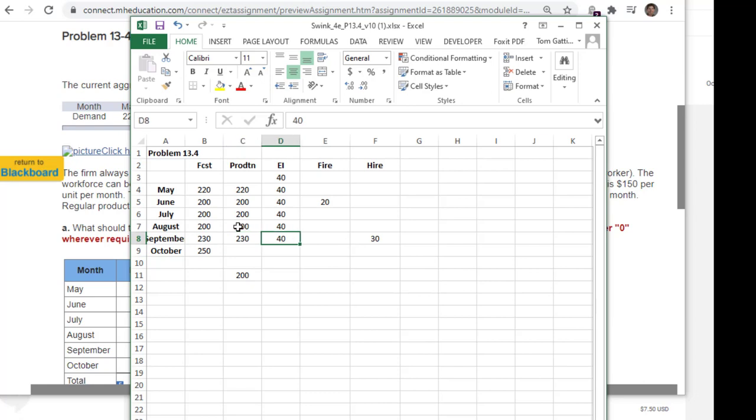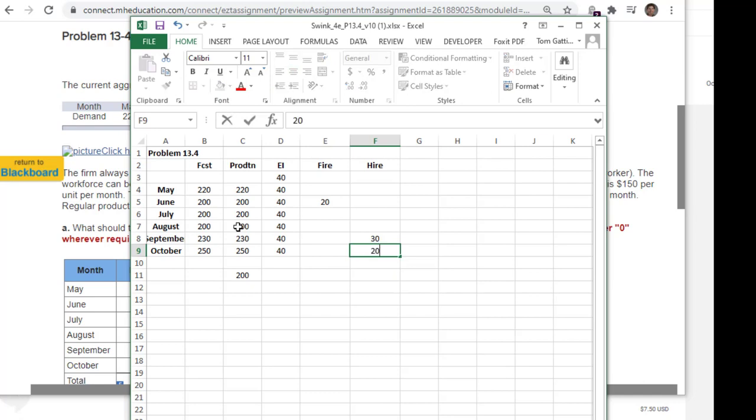So now we roll into October, and we want to begin and end the month with the same amount of inventory. So again, we need to make exactly what the forecast says we can sell. We want to make 250. The previous month we were staffed up to make 230, so we need to staff up to make an additional 20 units. Again, if it's one unit per worker, that would be an additional 20 workers.